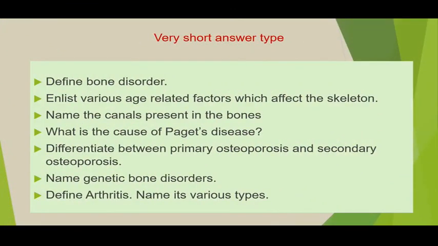First of all, very short answer type questions which you have to answer in 2 to 3 lines. The first question from this category is define bone disorder. Second is enlist various age-related factors which affect the skeleton. Next is name the canals present in the bones.